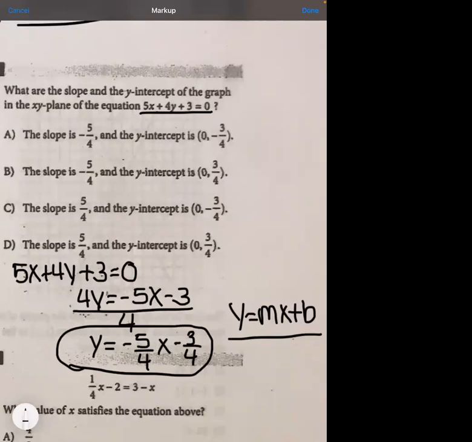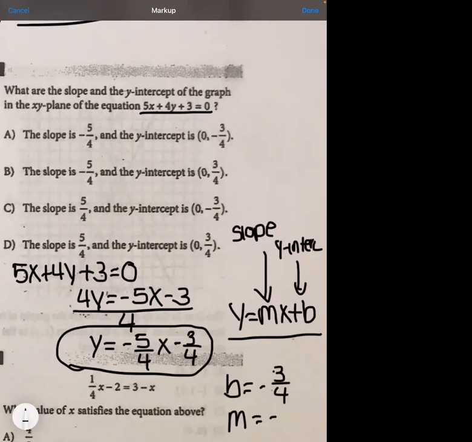And as I said before in the last problem, m in this case is the slope, while b is the y-intercept. So as we can see, b in this case is negative 3/4, while m is negative 5/4.